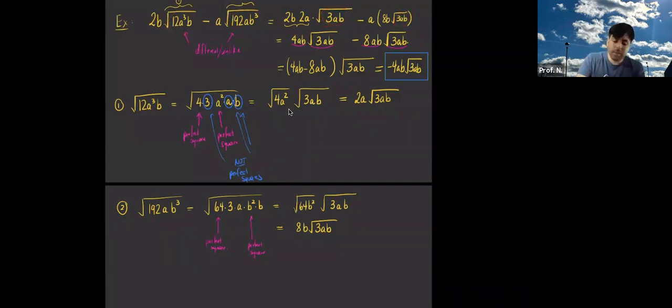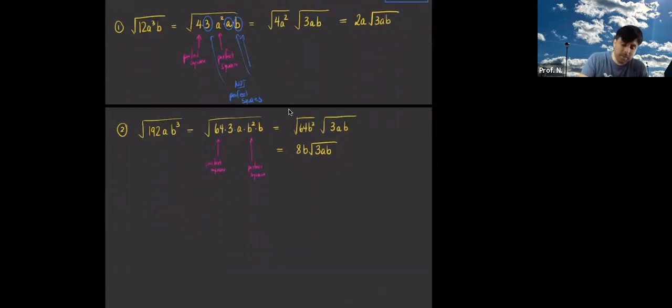And because I have radicals that are the same, I can now combine such expressions because they're of the same kind. And there's a lot of letters here. So we have to get comfortable with viewing letters in such a way under radicals and being able to simplify those expressions.